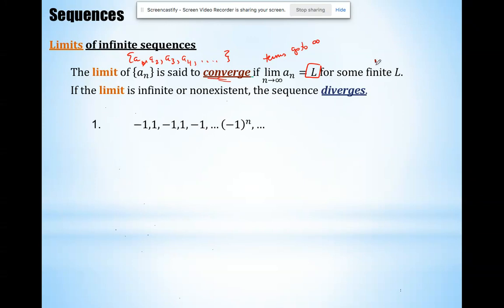Finite L just means number. If the limit of the terms is infinite, in other words, you get positive or negative infinity, or does not exist, the limit of the sequence diverges.